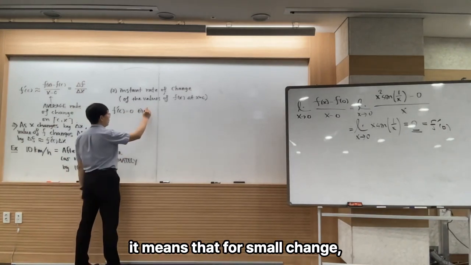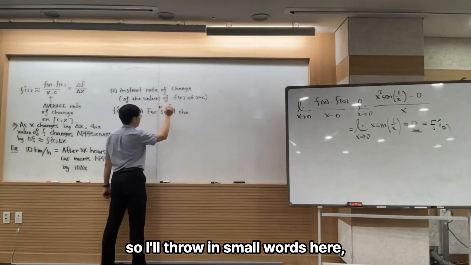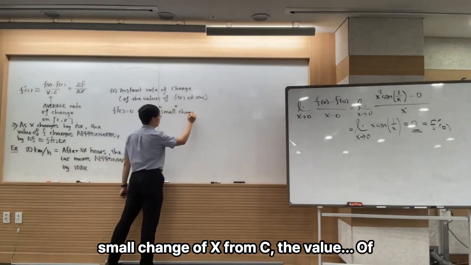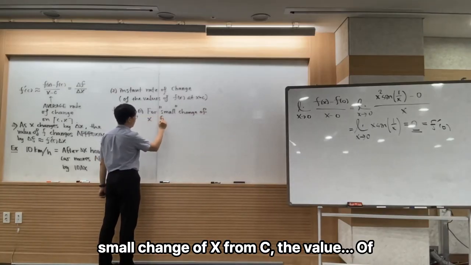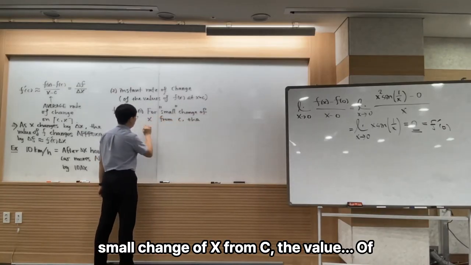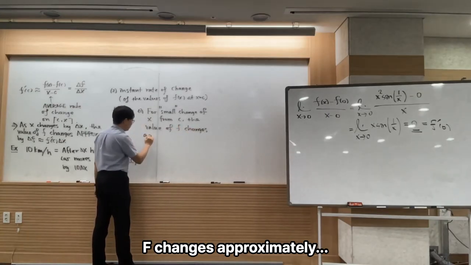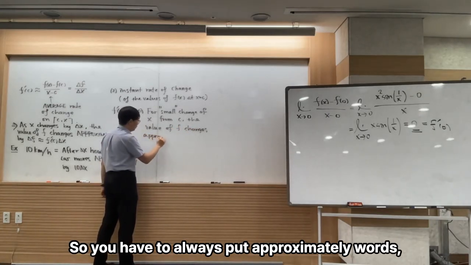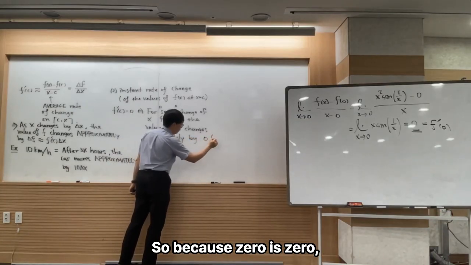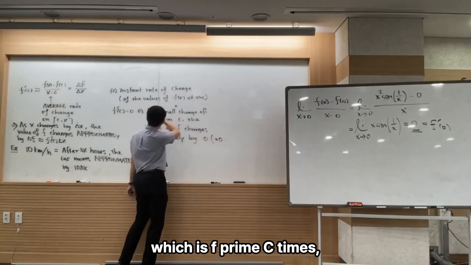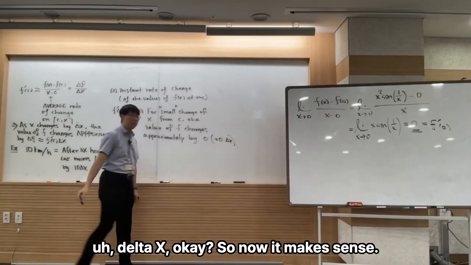It means that for a small change of x from c, the value of f changes approximately by 0. You have to always put the word approximately here, because 0 is f prime c times delta x. Okay, so now it makes sense.